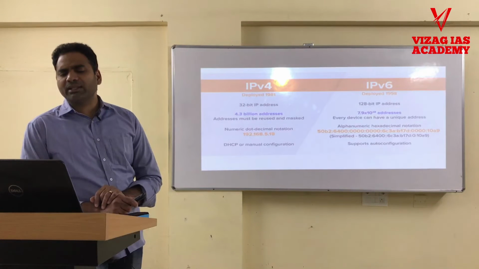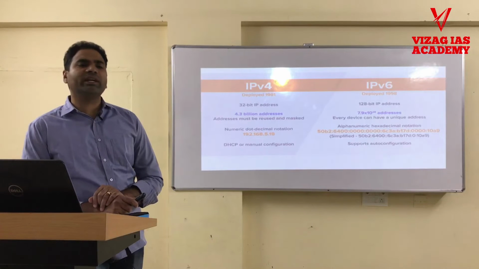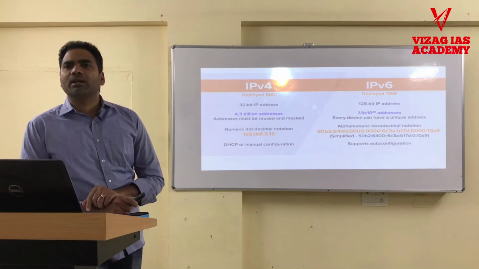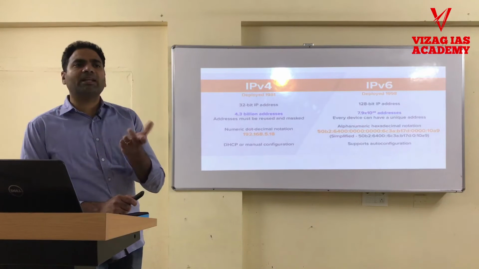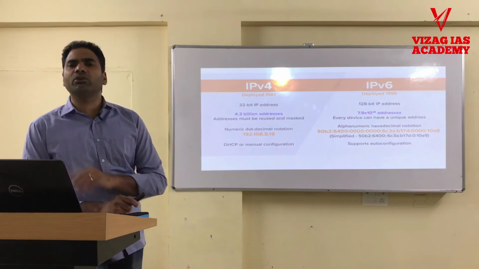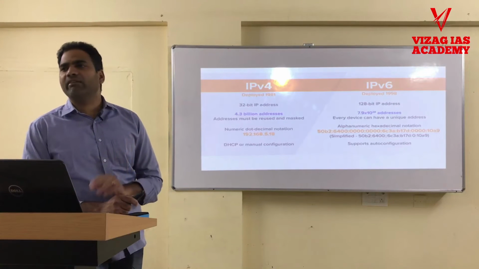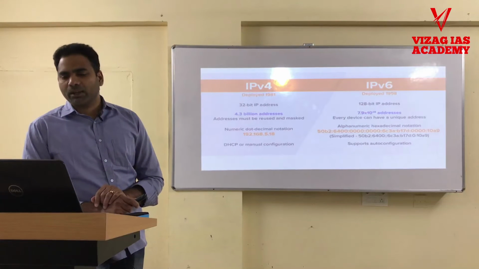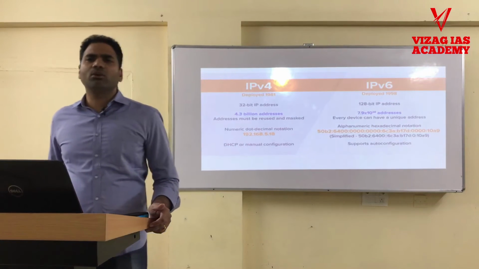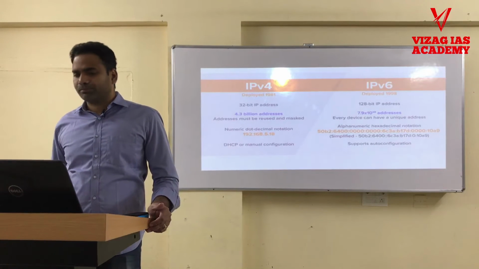The possible addresses are 4.3 billion in IPv4, here near unlimited, 7.9 into 10 to the power 28. So, you need not reuse a particular IP address by masking it. That is not required if you use IPv6. Every device can have a new IP. These are the major differences. There are a couple of other differences, you go and dig deeper.